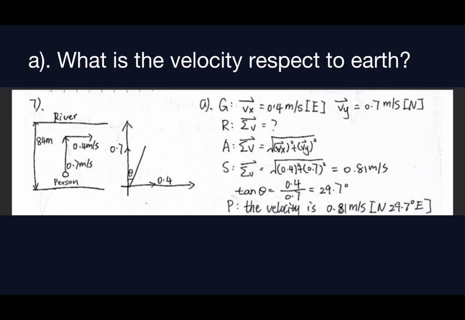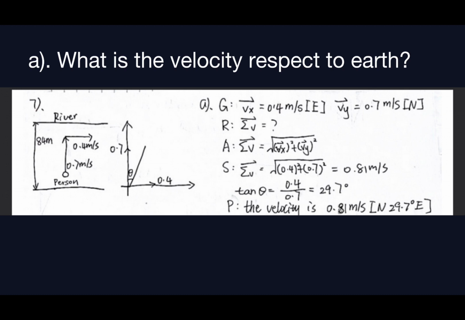And after calculating the magnitude, we need to calculate the direction, right? So how can we calculate direction? Just apply trigonometry. Tangent theta equals the opposite divided by the adjacent, so tangent theta equals 0.4 divided by 0.7, and by using the inverse of tangent we get that the angle is 29.7 degrees.